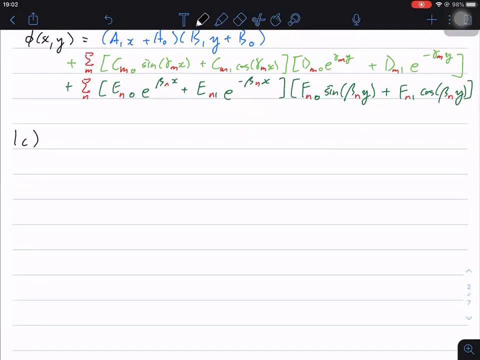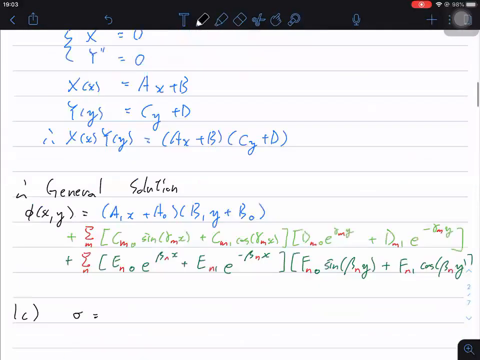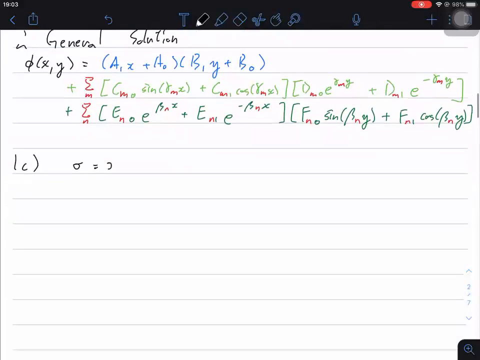For the next question, 1C, we now have an infinite plane located at y equals 0, and we have the static charge density sigma being a function of x, sigma equals sigma naught cosine kx.